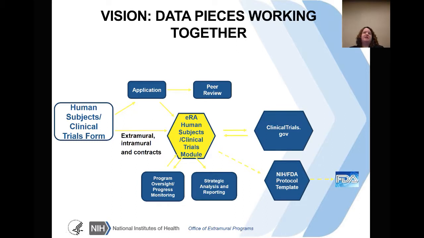I should mention that extramural grants, contracts, cooperative agreements, and intramural studies all complete this form and submit data into this module. We also collect data from the application, from peer review. The module includes the ability for program oversight and progress reporting, strategic analysis and reporting, and it also works with clinicaltrials.gov. And as you can see, the idea is that we will be exchanging information back and forth with clinicaltrials.gov.